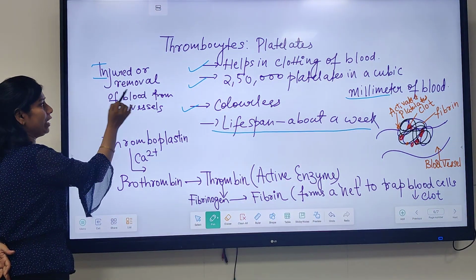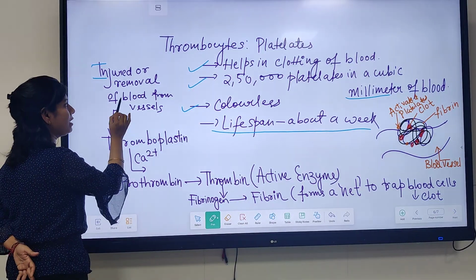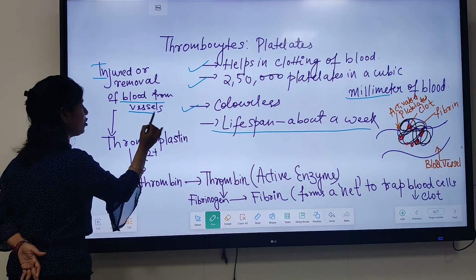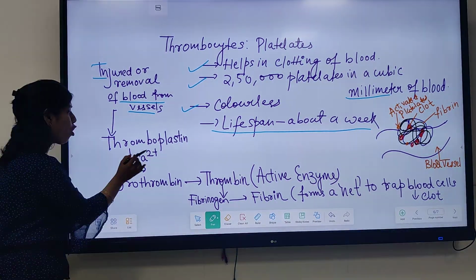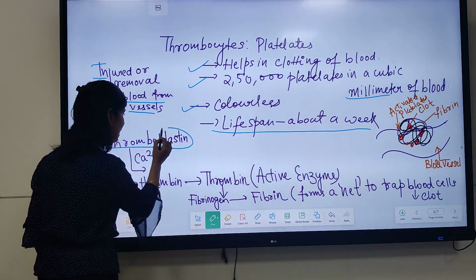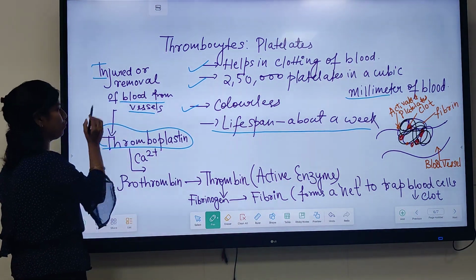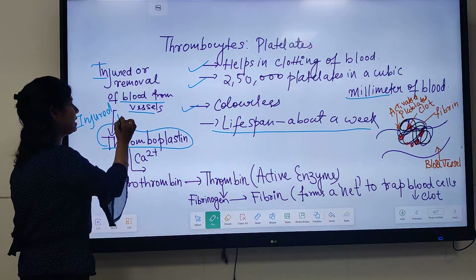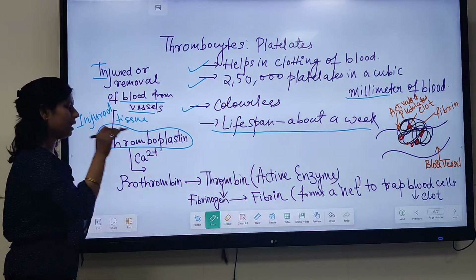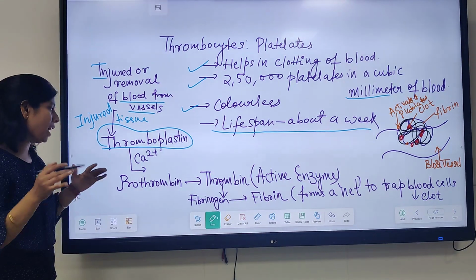When there is an injury, or blood vessels are damaged, what is going to happen? When there is damage or a cut, thromboplastin is released from the injured tissue. You will find thromboplastin oozing out.